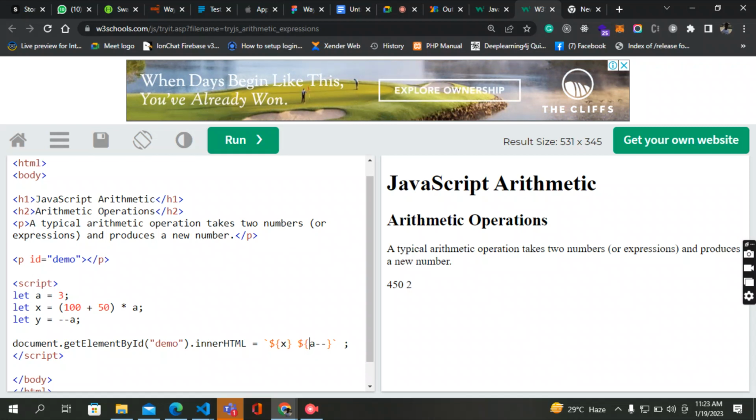So this one, before it adds this value to this inner HTML, it will do this operation, that is a plus 1, a minus 1. It will do it before it adds it to this HTML element.